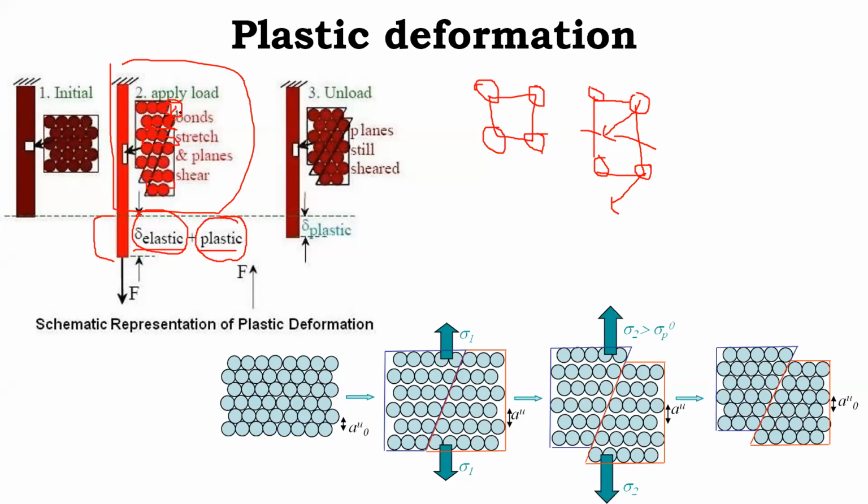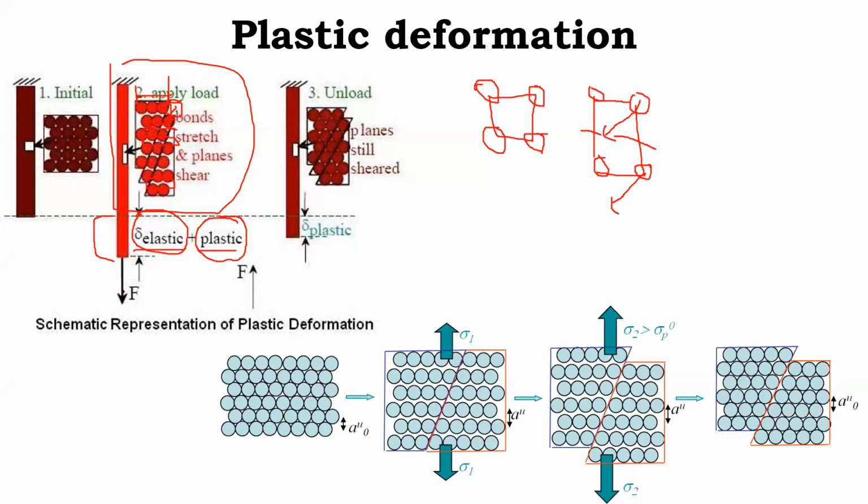So if you pay attention, you will understand that if you have a rod like this and all the molecules from every layer are moving to the next layer, its length is definitely going to increase. But what is going to happen to its diameter? It is going to decrease because the molecules are shifting from this to this. So that's what we experience.